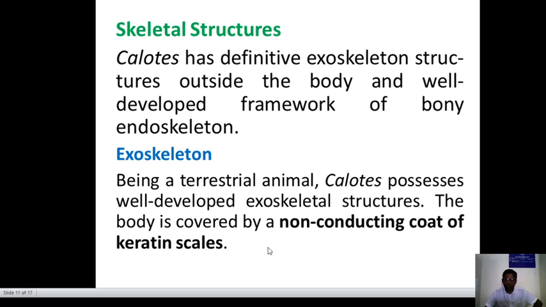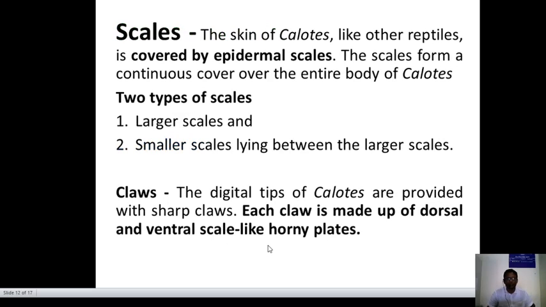The body is covered by a non-conducting coat, also called creating scale. The skin of Calotes, like other reptiles, is covered by epidermal scales, which form a continuous cover over the entire body. There are two types of scales: larger scales, and small scales lying between the larger scales.